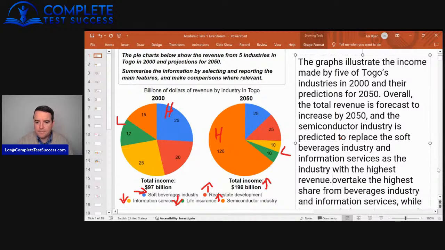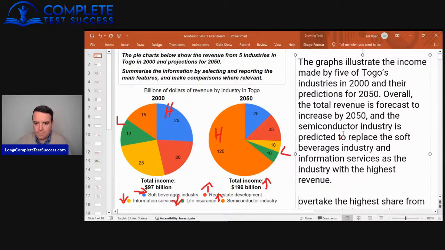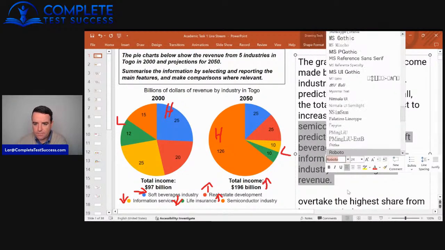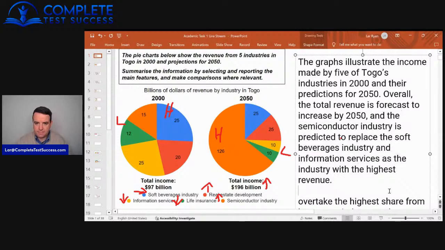Okay, so let's just take that much so far. We've said the income is expected to increase, and we've said that orange is going to be highest instead of blue and yellow. By doing that, what we've said was which ones were highest in 2000 and which ones are expected to be highest in 2050. So that's all good. Now, let's see what we have here next.